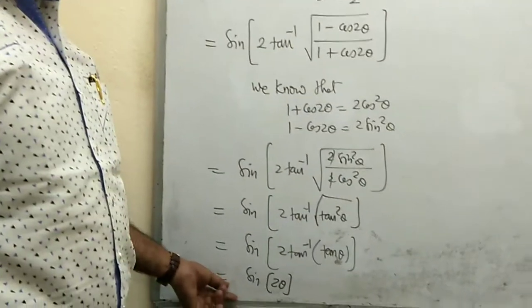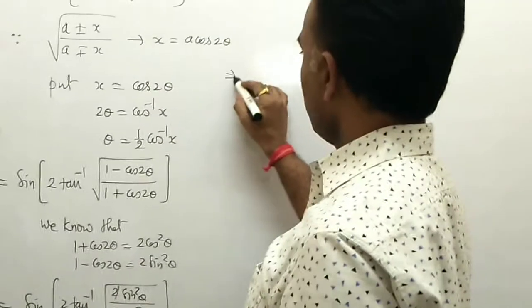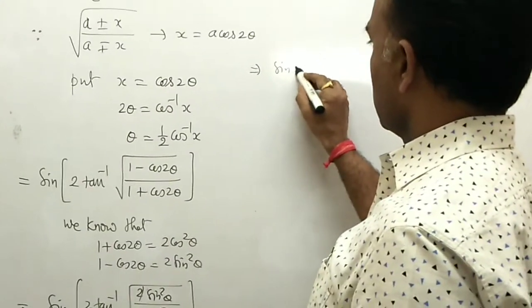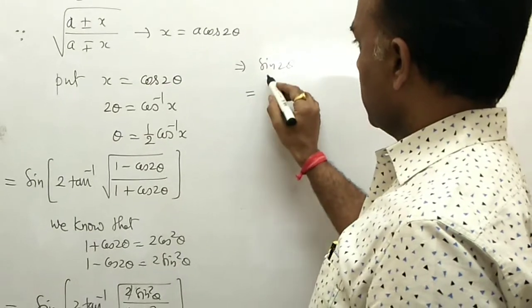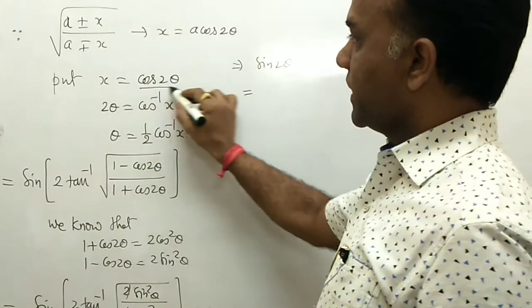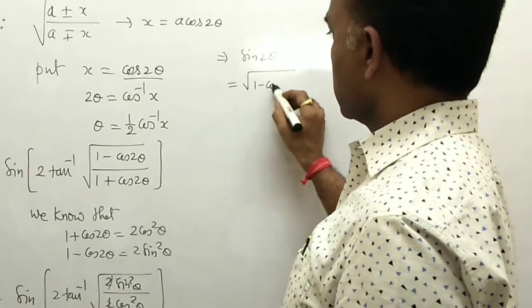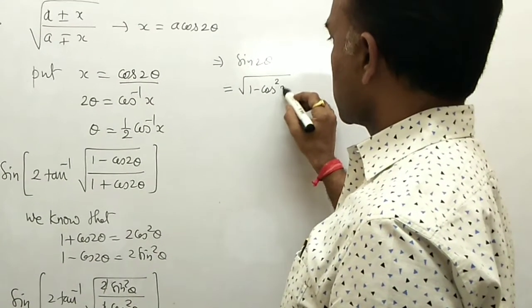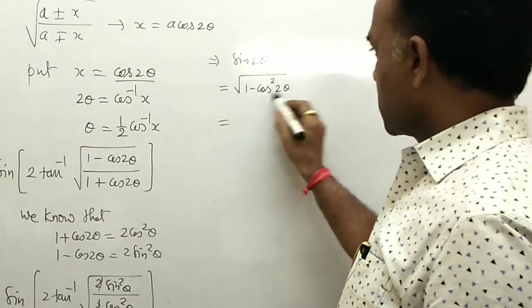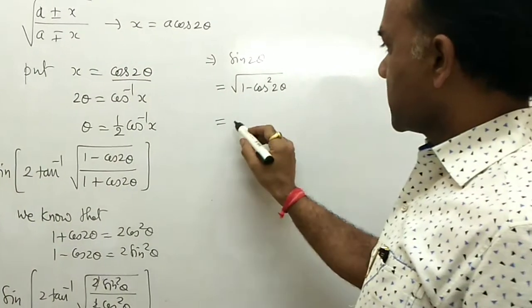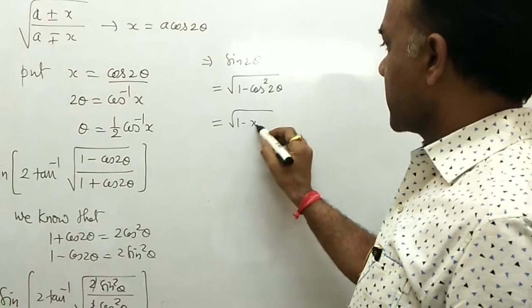Okay, so we know that sine 2 theta, we write it in the form of cos: that is under root of 1 minus cos square 2 theta, and cos 2 theta we know is x, so it is under root of 1 minus x square.